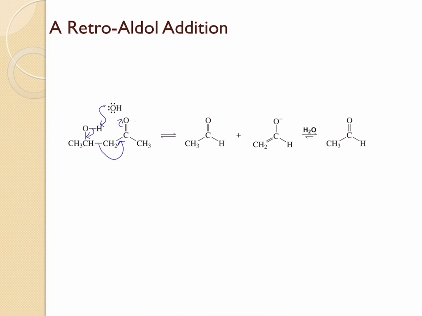Okay, so you can see that this is one of the aldehyde molecules, and the other aldehyde molecule will be generated from the enolate ion, for which these electrons will come in, and this is going to abstract the hydrogen from the water molecule to form the other aldehyde. So if you take a look at this, the product of the aldol addition reaction, this is our first aldehyde molecule, right? And this one right here, which forms the enolate, will give us the second aldehyde molecule.